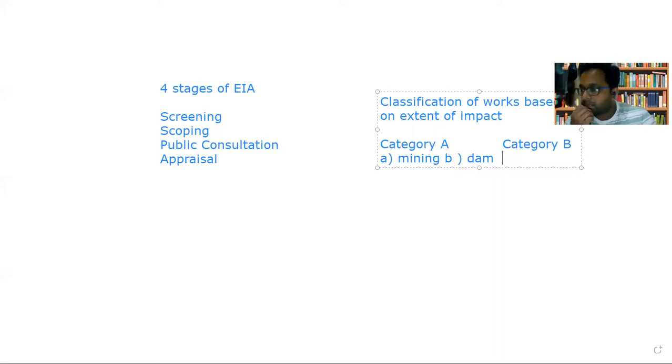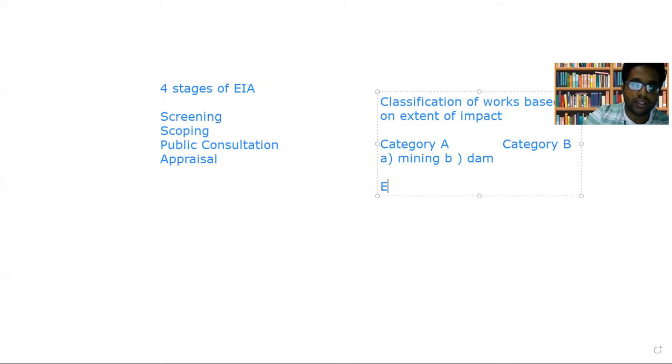Now, category B, and it is mandatory that an EIA study needs to be conducted for this. EIA is mandatory for these category A works. Category B can be divided into category B1 and category B2.